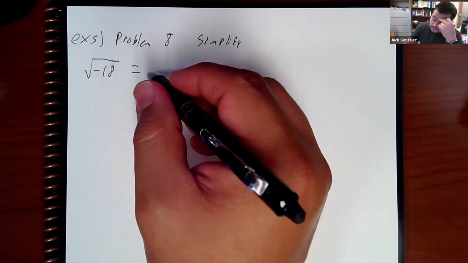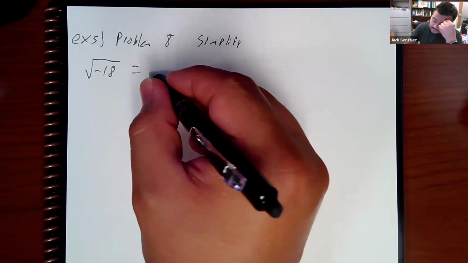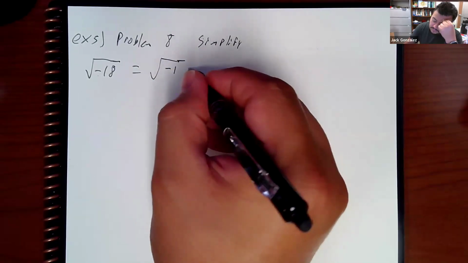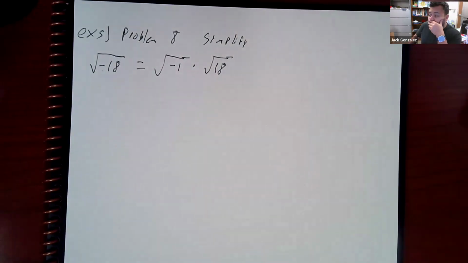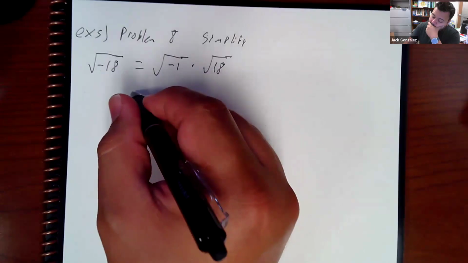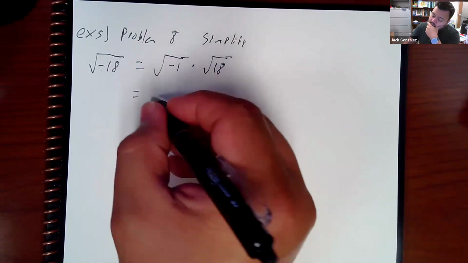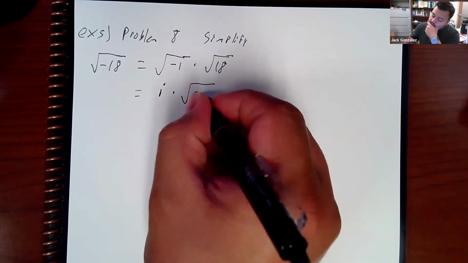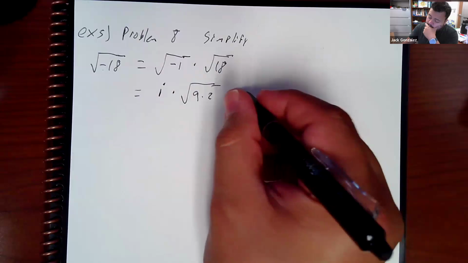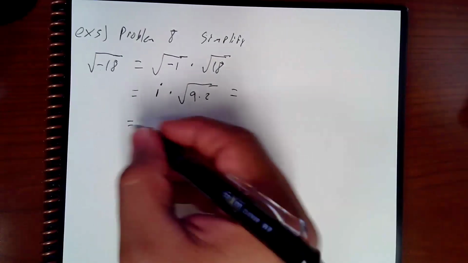So what squared numbers go into 18? Separate the negative first. This becomes i. Y'all agree that this is 9 times 2? Yes.